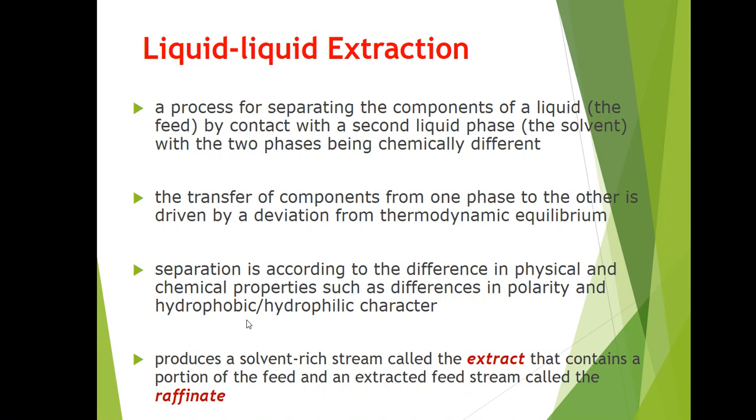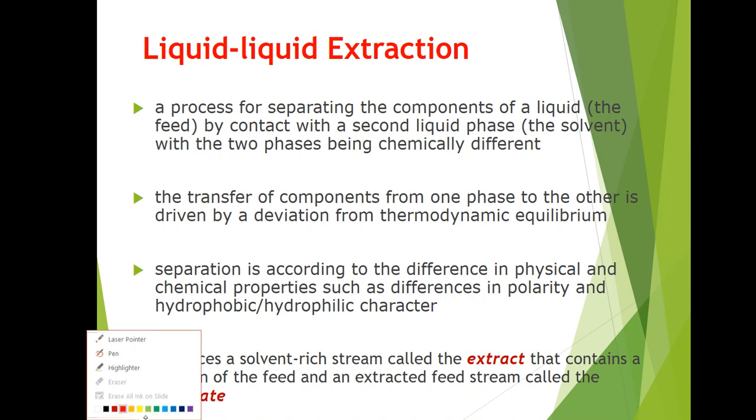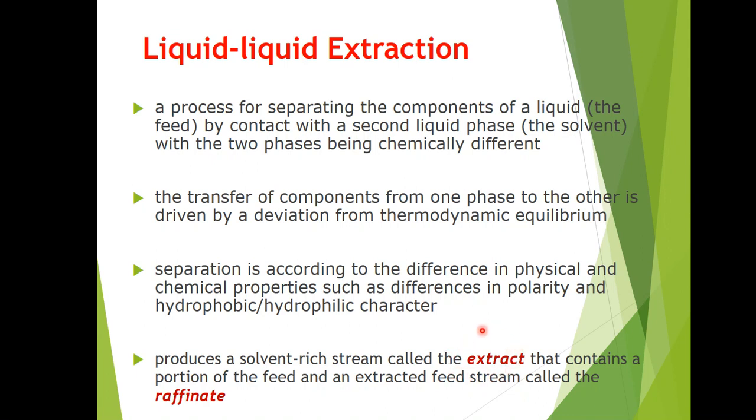Now, the contacting of these two liquid phases produces another two phases, and they are the extract phase and the raffinate phase. The solvent-rich stream is the extract, and the other liquid stream that is produced is the raffinate. In liquid extraction, we are more interested in the extract, because this is where the component from the feed is transferred to.